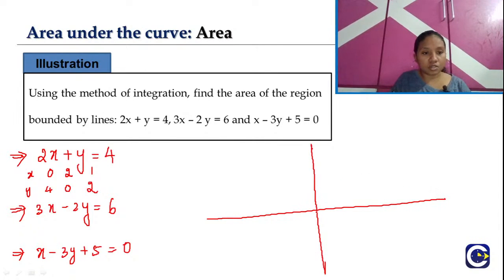So x = 0 and y = 4, let us take somewhere here, and x = 2 and y = 0, the point is here.